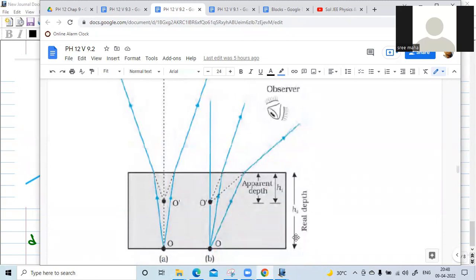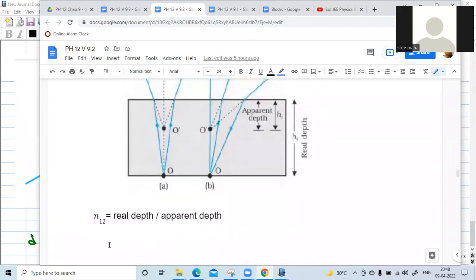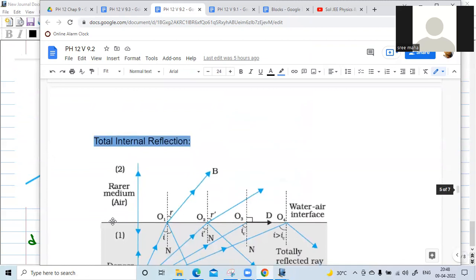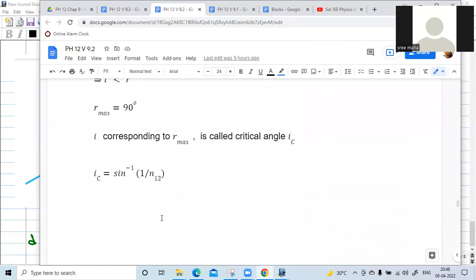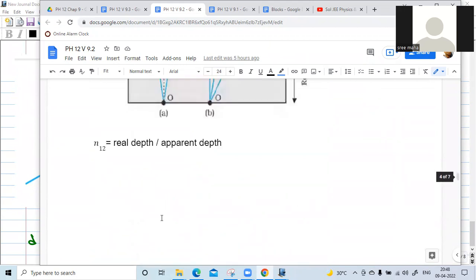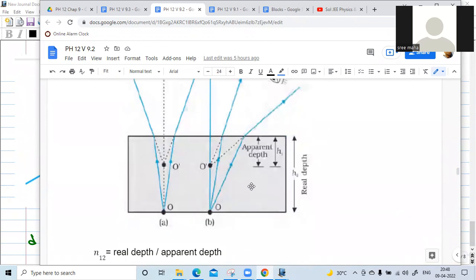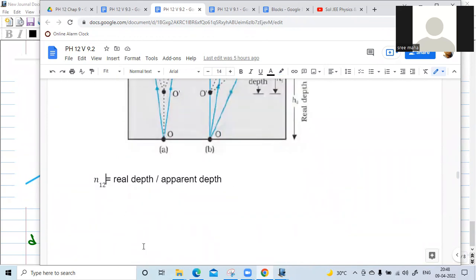Real depth is more. So the refractive index is real depth by apparent depth, and real depth is more, right? It's greater than 1. So n1 2, so it should be n 2 1. Depends on what is the meaning of this n1 2.